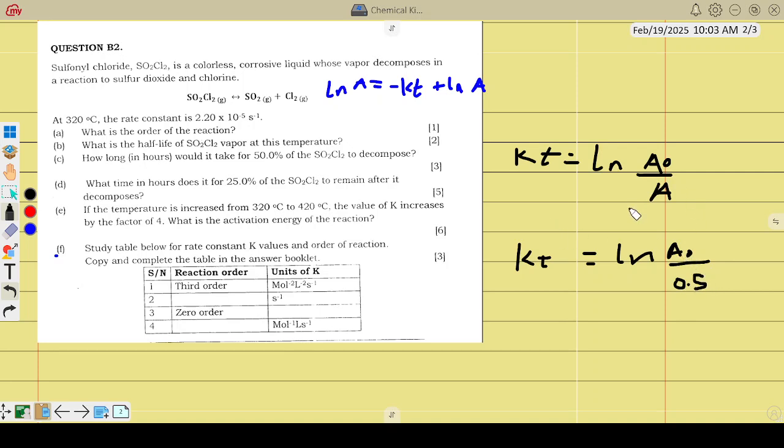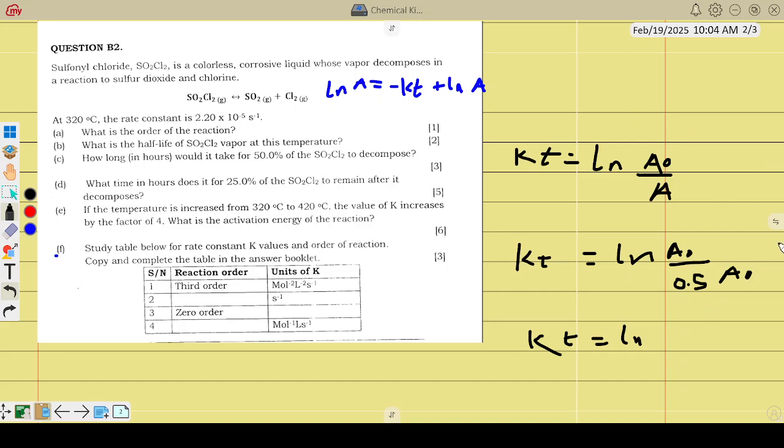Are people lost? You shouldn't be. So this just went to the other side, and then when it becomes minus, it becomes like this. And then the A naughts will cancel. So we have kt is equal to ln of 1 divided by 0.5.